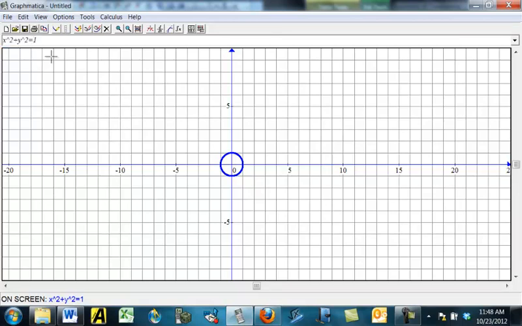Now let's see what's going to happen when I replace x by x minus 4. What's going to happen? Okay, hopefully you said it's going to be shifted to the right 4 units. Now what if I go back to the original and replace y by y minus 3? How about y plus 3?